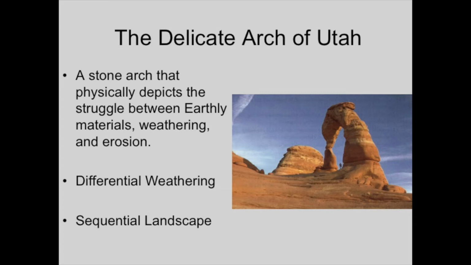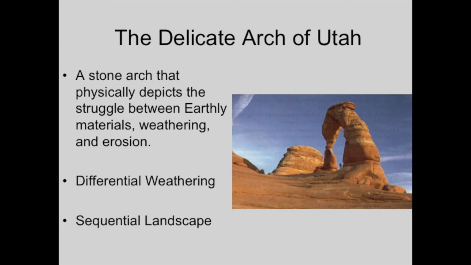Also in this case, endogenic processes, in a sense, build an initial landscape, and exogenic processes develop a sequential landscape that we see in the body of the arch itself. This means that in the material makeup of the original sediments, the original lithified sedimentary rock, we have an initial landscape that is a byproduct of endogenic processes.